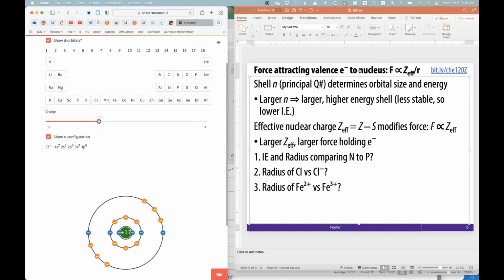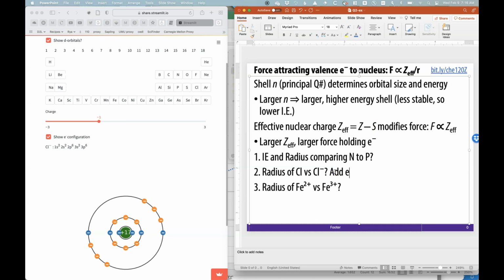That's because anytime we add an electron, we're going to have more shielding and a lower effective nuclear charge. We can see that by the effect on the size. So anytime I add an extra electron in the same shell, all my shells need to get a little bit bigger to accommodate that extra electron.